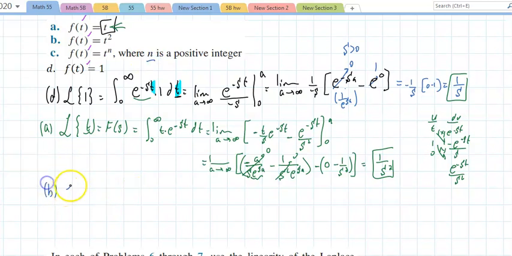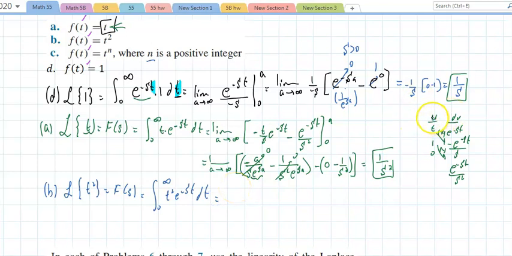If I apply the Laplace on t squared, that's F of s, that would be the integral from 0 to infinity of t squared e to the negative st dt. Let's see how that works.